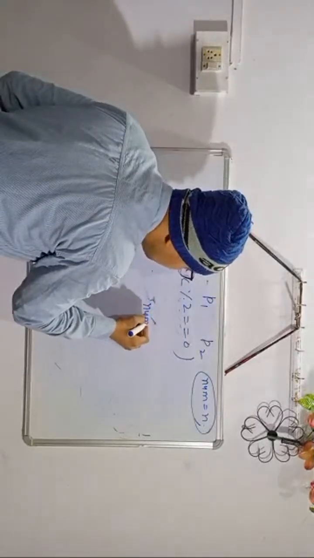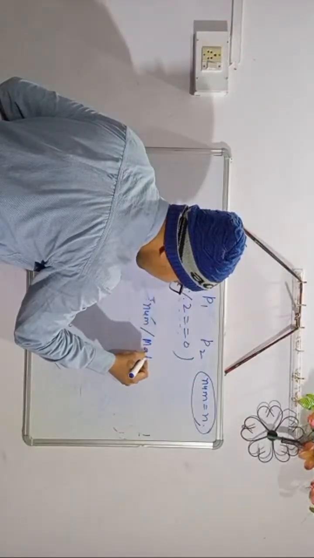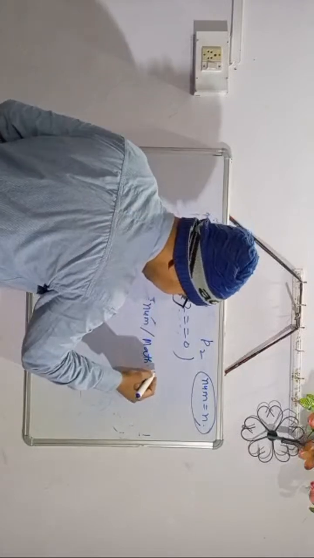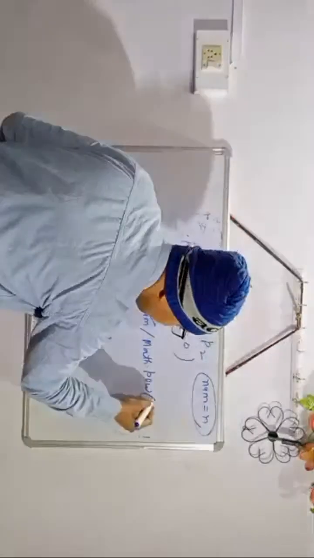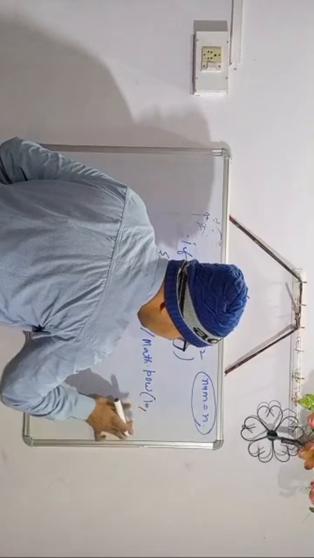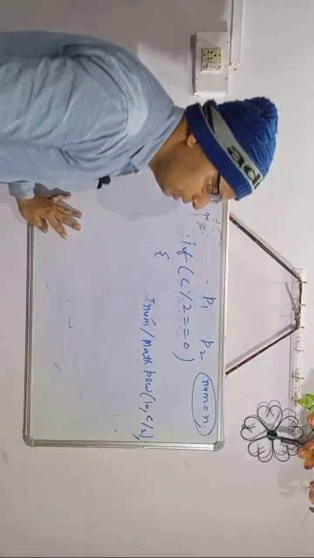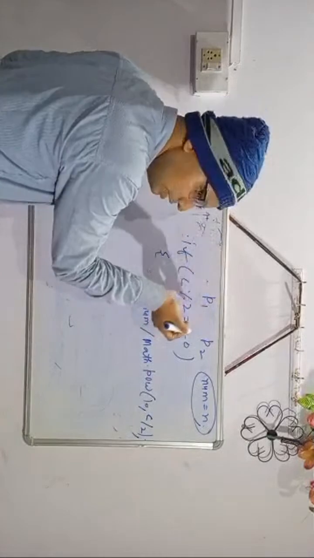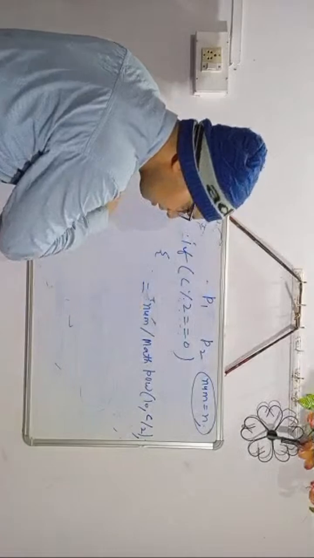So if I write here num divided by Math.pow, 10 power half of the number of digits. Suppose it is of 4 digits, so it will be divided by 2, and when you divide it, you will get this part.